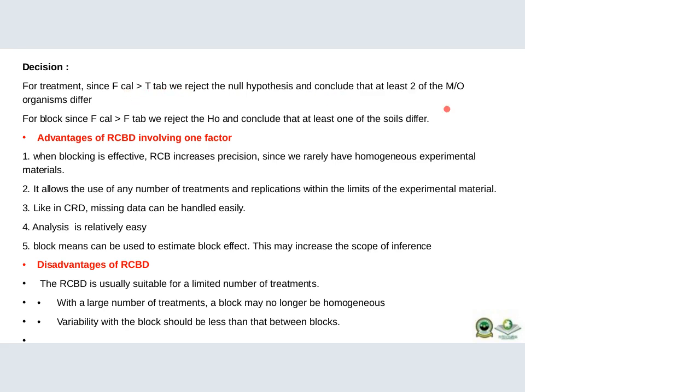Now, the decision rule for treatment: since F calculated is greater than F tabulated, we reject the null hypothesis and conclude that at least 2 of the microorganisms differ. We took this decision earlier, even when we used the CRD design. But in this case, for the blocking, since F calculated is greater than F tabulated, we reject the null hypothesis and conclude that at least one of the soils would differ.